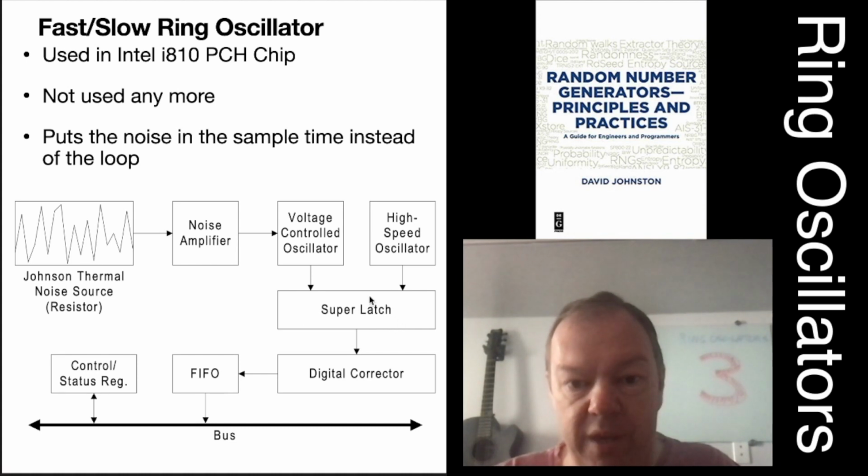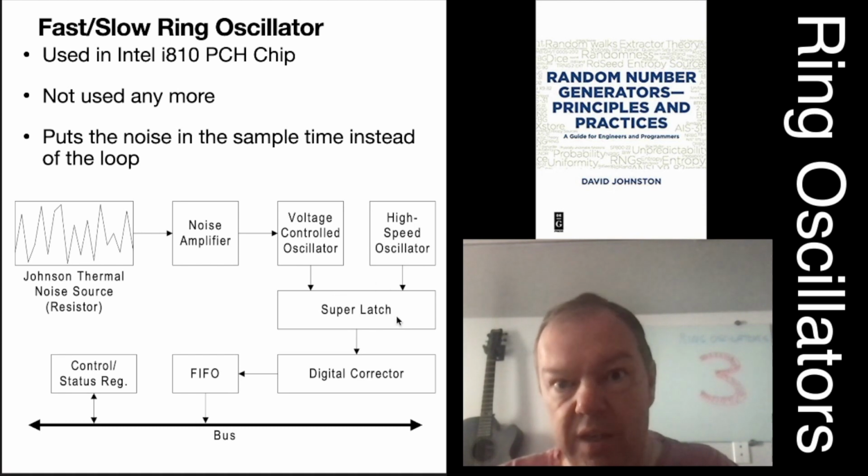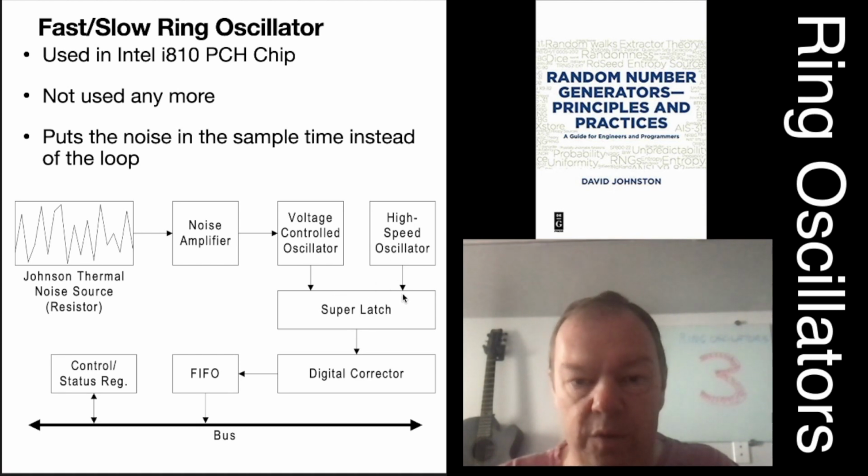What that just means is it is sampling this oscillator, and because this is oscillating fast, you need a latch that's optimized so it doesn't always go metastable when you sample the output. It's fast enough to latch this high-speed signal, and the clock input is the output from this oscillator.